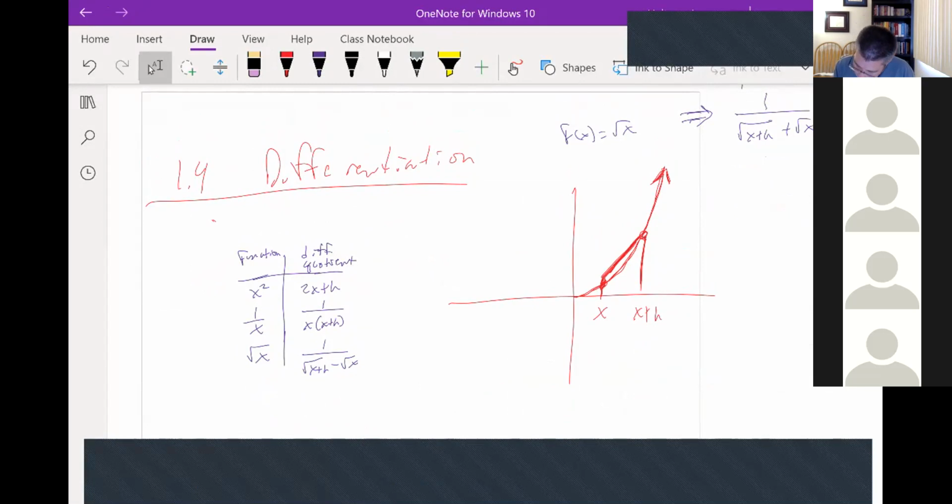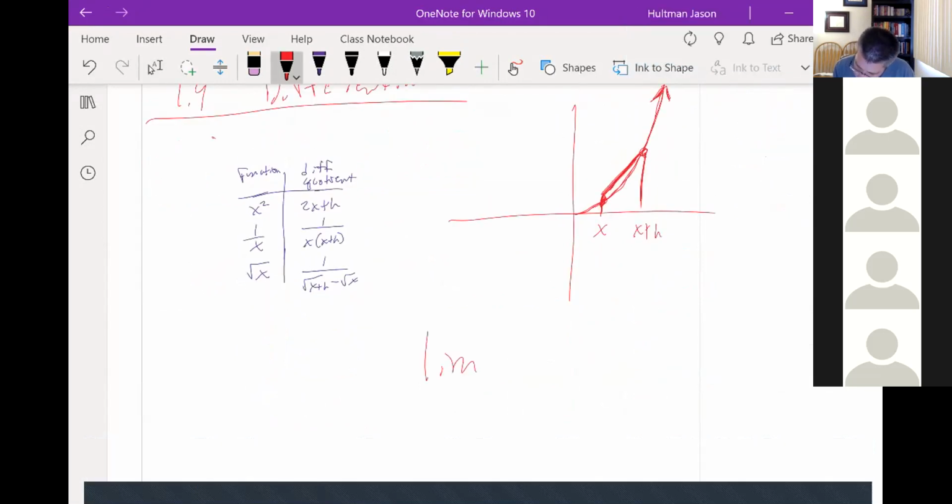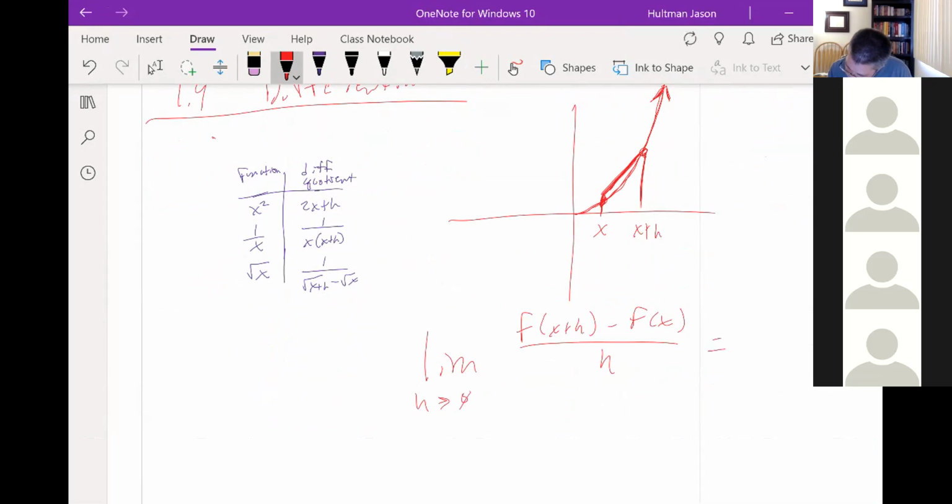We want the limit of f of x plus h minus f of x all over h as h goes to 0, and that's going to give me the tangent line, not the secant line.